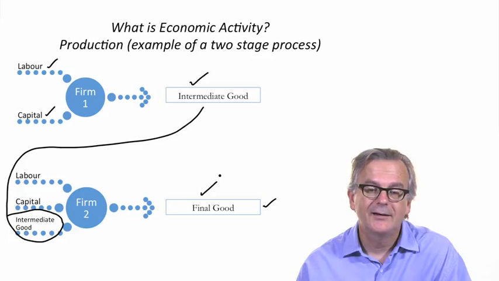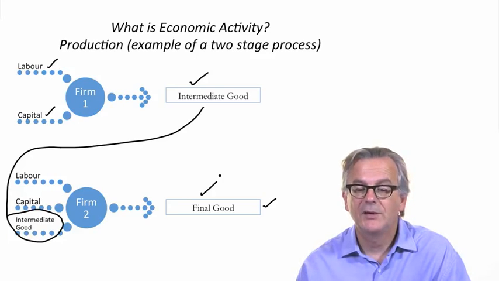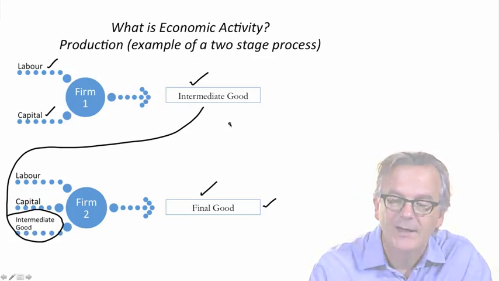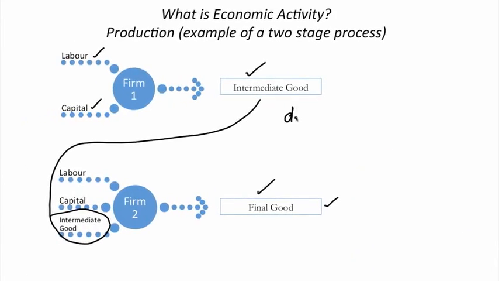Well, if we did that, if we measured the intermediate good and then measured the final good, you would actually find that you have a problem known as double counting.